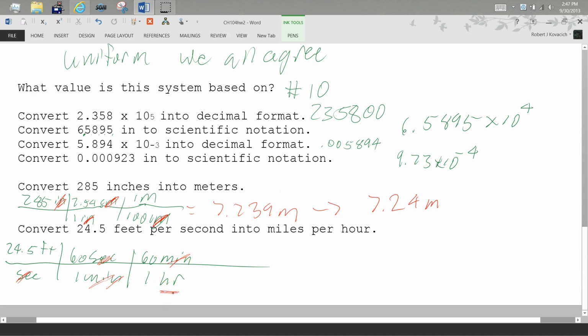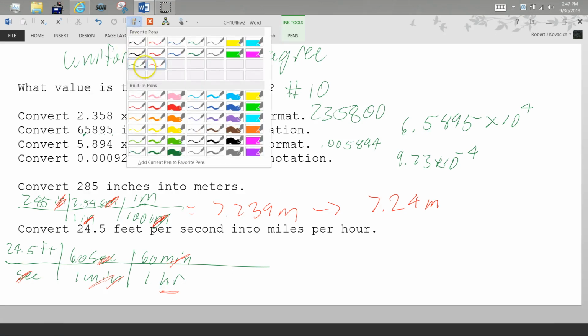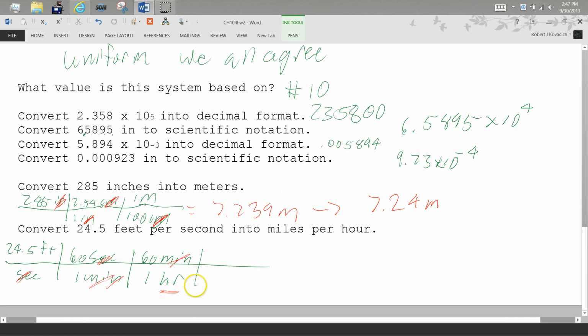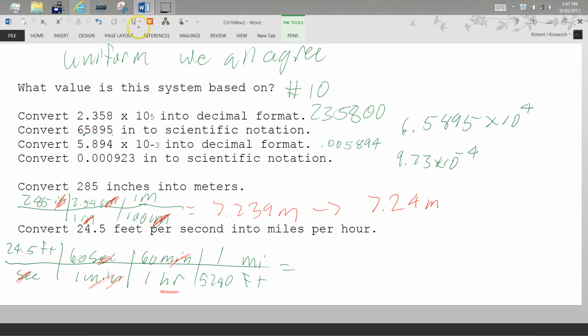And so I need my answer to have 2 pieces, hours and miles, and I've got the hour portion. Okay. And so now I'm going to convert that over. I need to get rid of the feet thing. So I'm going to put feet down here. I'm going to put miles up here, and it's 1 mile, and it's 5,280 feet. And then when I do that, I can get my feet unit here to cancel out with my foot unit there.